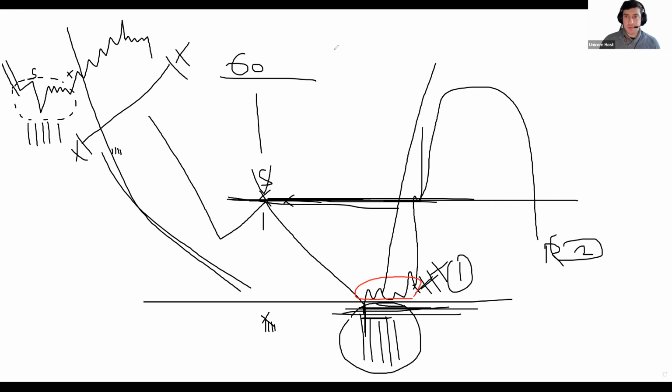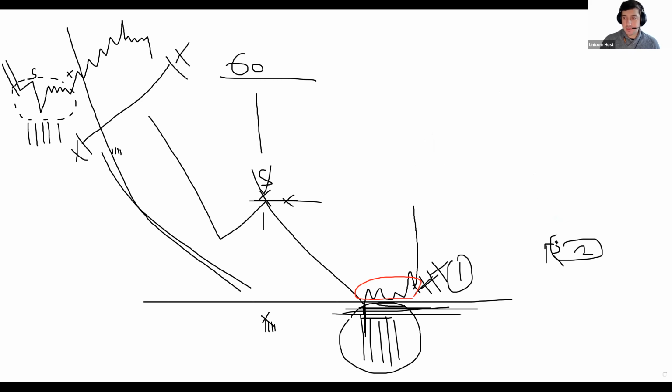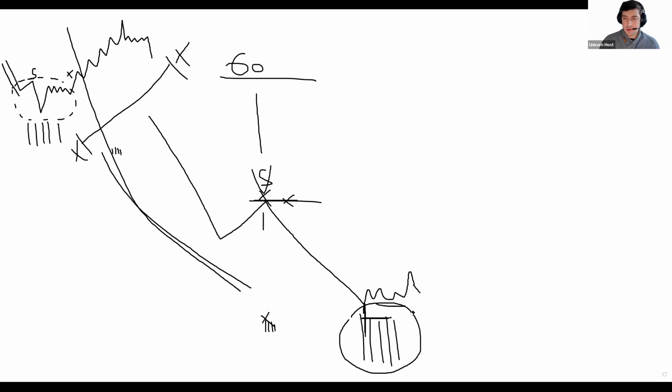Okay. Now, one thing to keep in mind is this. Let's say, for instance, you begin to buy from here. This is something that I always try to mention because it's very important. The more you do and begin to get involved in such setups, the more you will notice the nuances.